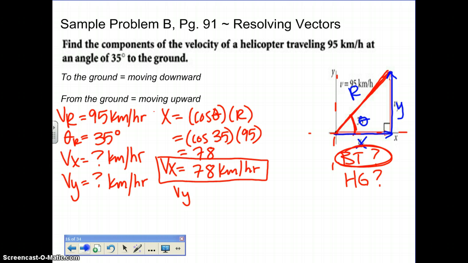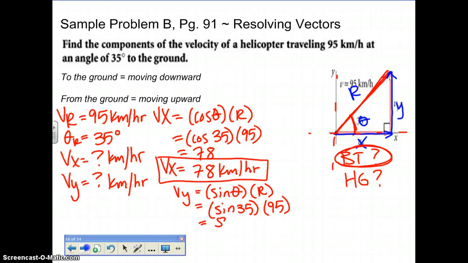Okay, v sub y is now going to be sine theta times your resultant, in which sine of 35 times 95, throw that in your calculator, is going to give you roughly 54. So therefore, v sub y equals 54 kilometers per hour.